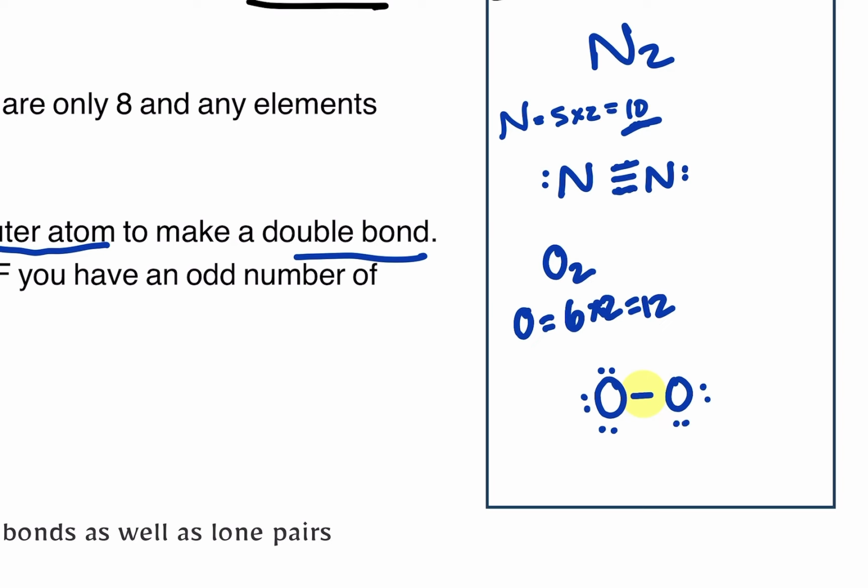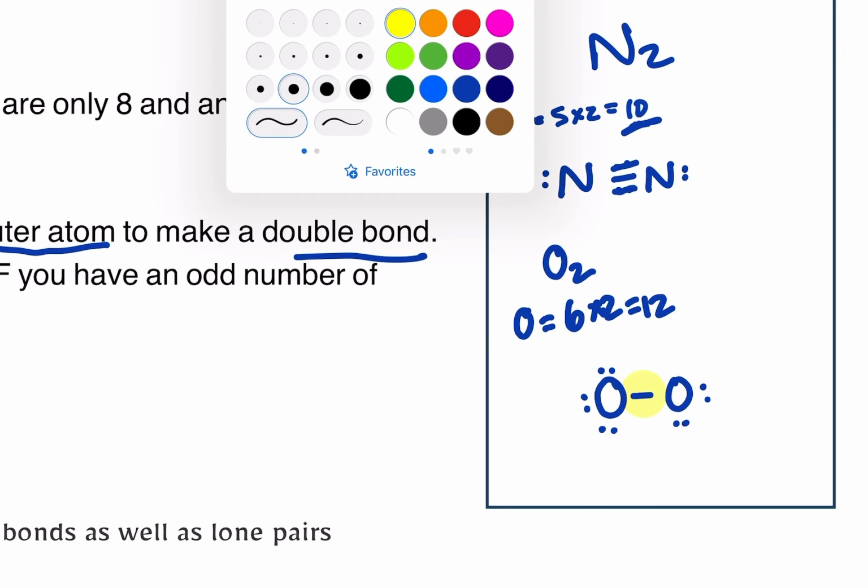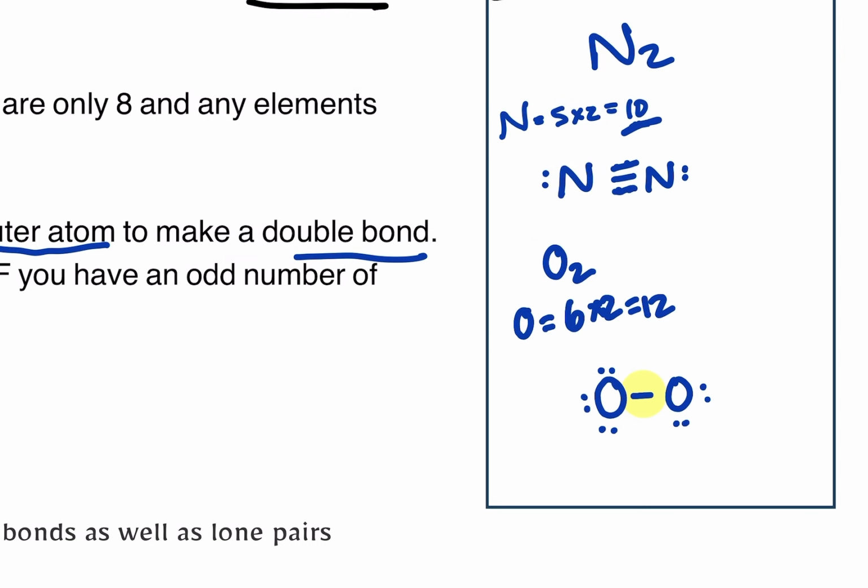You'll notice I've used the right amount. I can count up and say, okay, I've used 8 on this side, and then there's 10, 12. So I've got the right number of electrons out there, but the problem is that the right oxygen doesn't have a total of 8 around it.